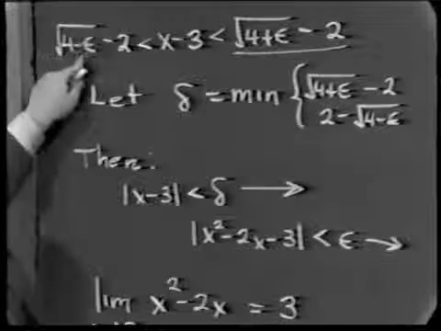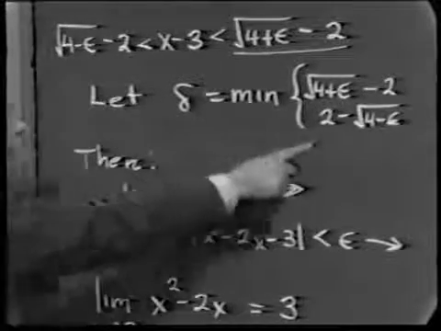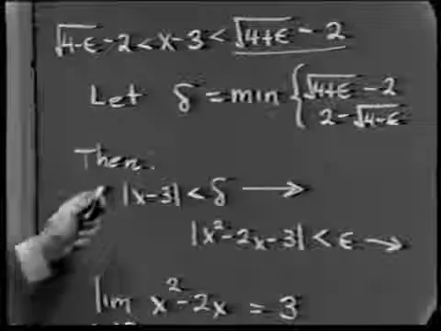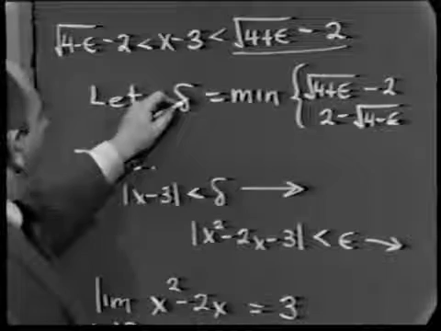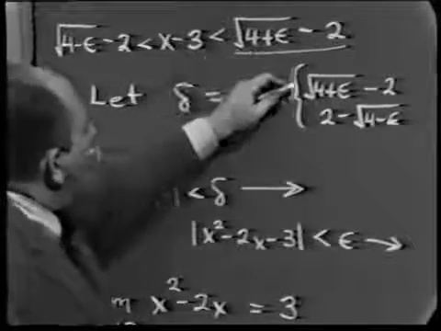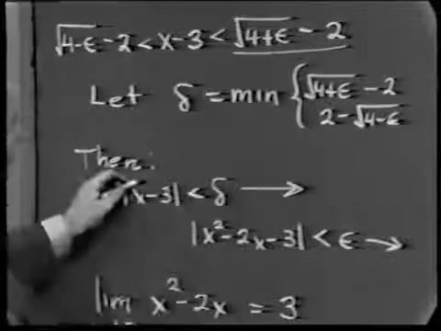And since delta has to be positive, if this thing is negative, 2 minus the square root of 4 minus epsilon will be positive. So to solve this problem, I simply choose delta to be the minimum of these two numbers. And then, by definition, what do I have?